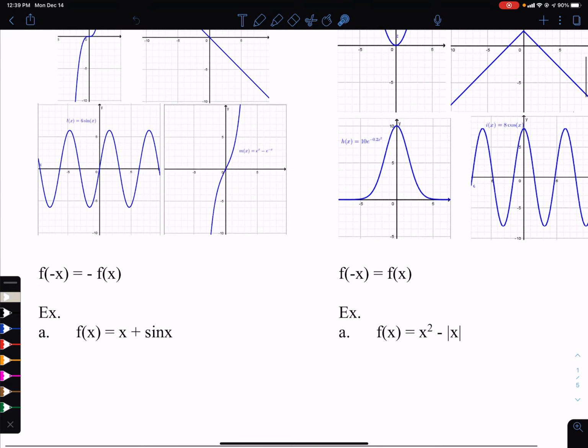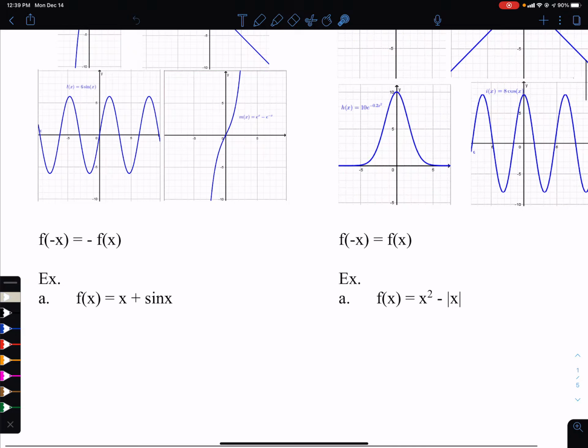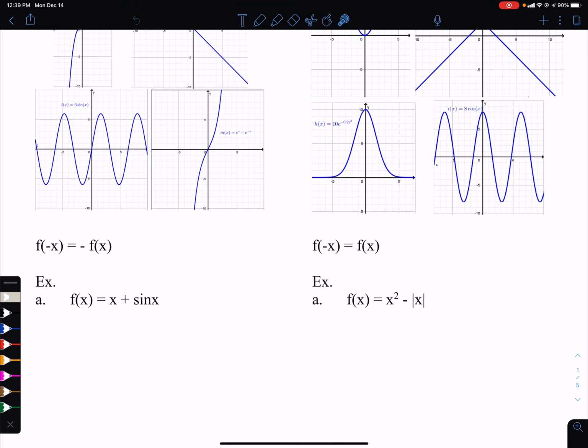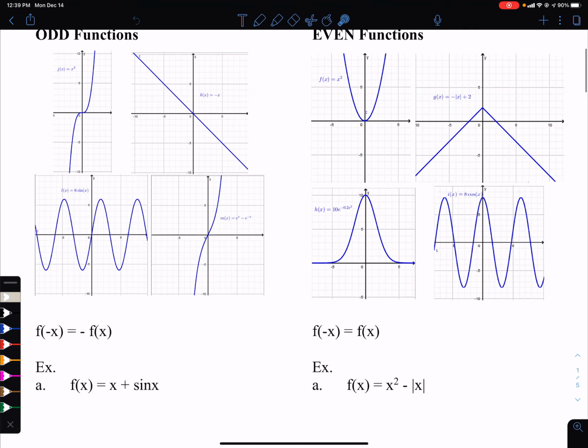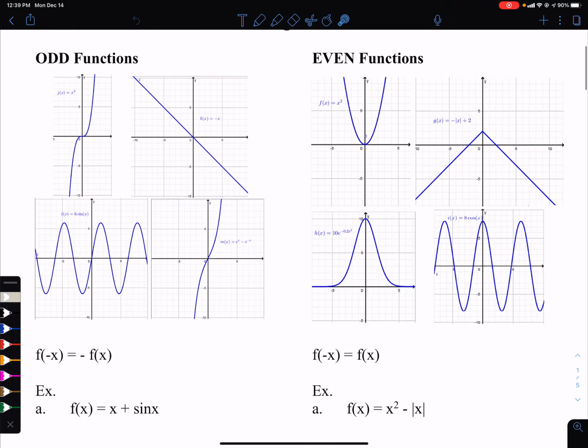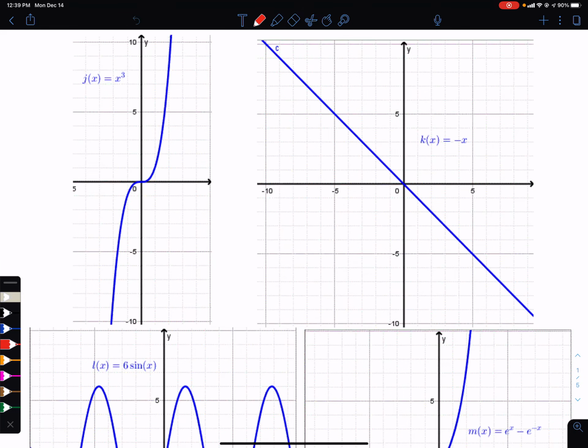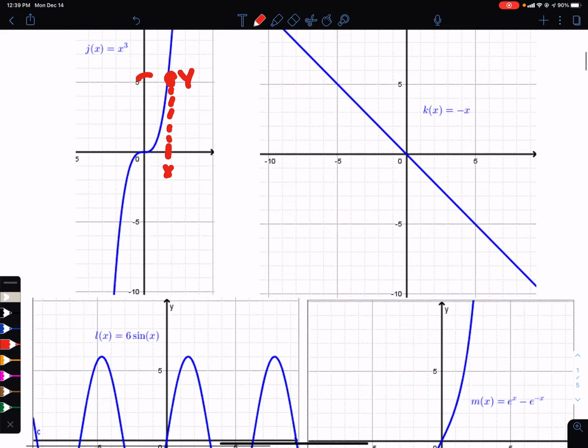So how do you test if you have an odd or even function? Well, take a look. If I pick any point and I plug in x, I will get a value of y here. Now, if I go minus x, your y value should be opposite.